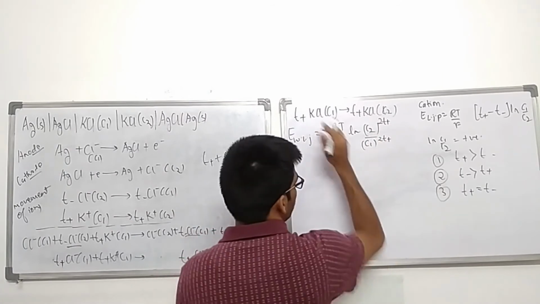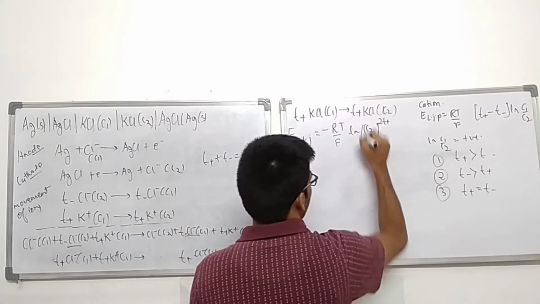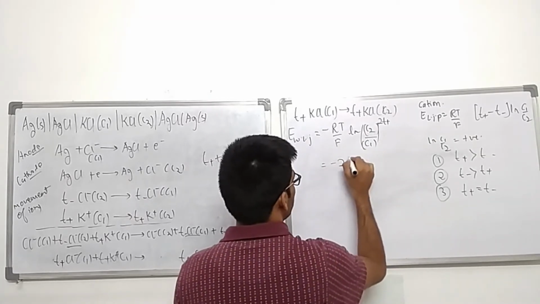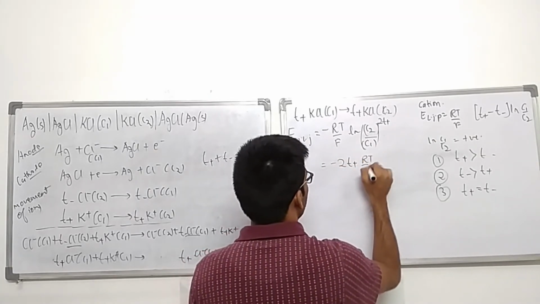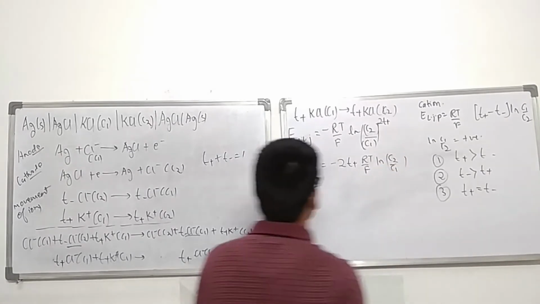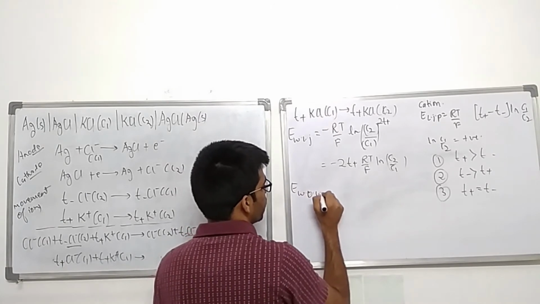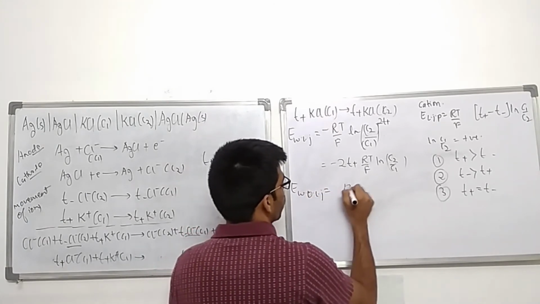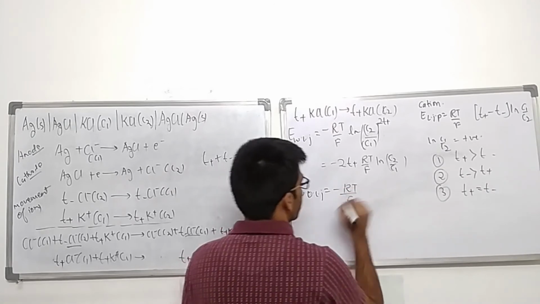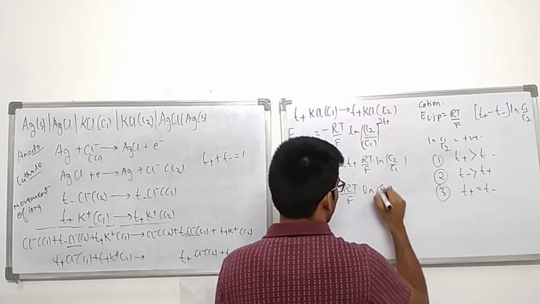So this 2T will come in the front, or I can write like this. So I will get minus 2T plus RT by F ln C2 by C1. Now if there was no liquid junction potential, that means two half cells, I would have got minus RT by F ln C2 by C1.